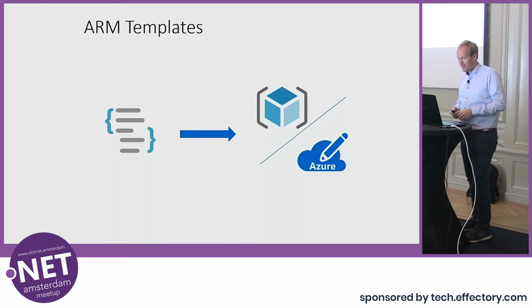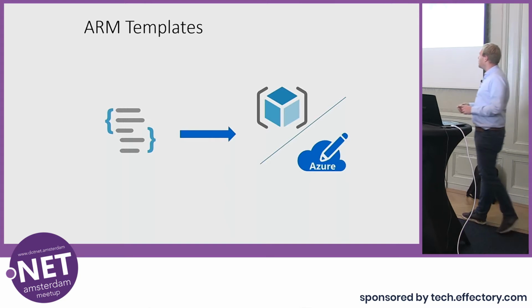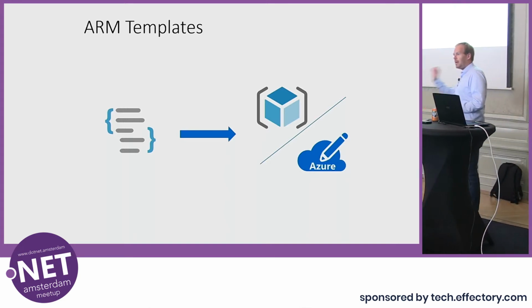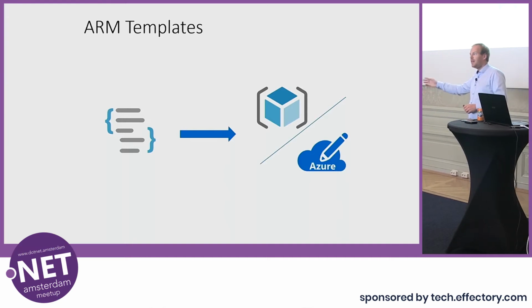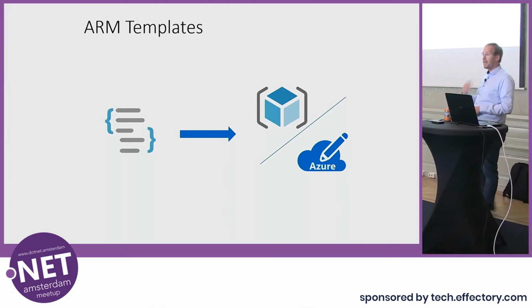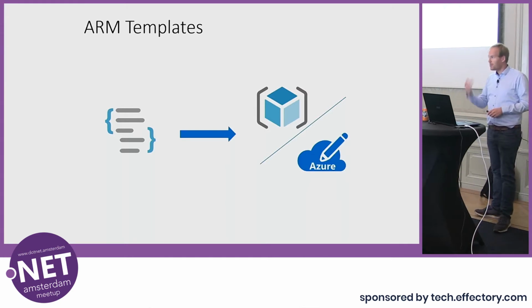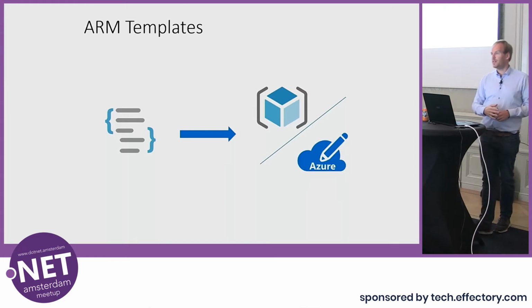So what we can do is instead of calling into APIs, we can specify a template of all the resources that we want to have in Azure, hand it over, and Azure will make it so. No matter what the current state is, Azure will convert you to it, if it can.